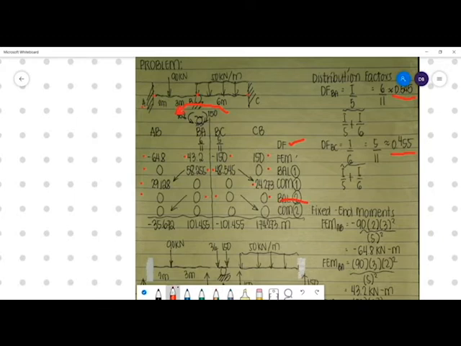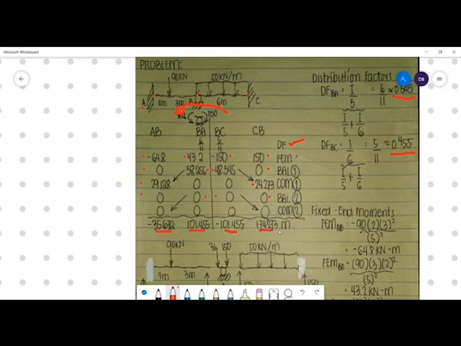And our process ends here. Now what we will do is add all the moments that we have: negative 64.8 plus 29.128, we have a resulting moment of 35.672. And we have negative 101.455, negative 101.455, and then 174.73.